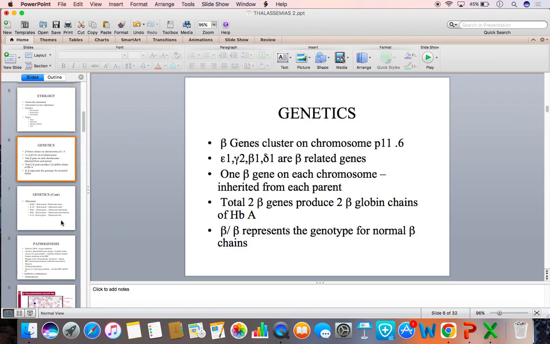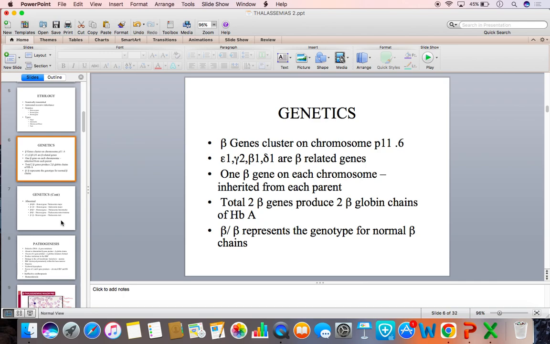There are beta gene clusters on chromosome 11 at the sixth position. Epsilon 1, gamma 2, beta 1 and delta 1 are the beta related genes.